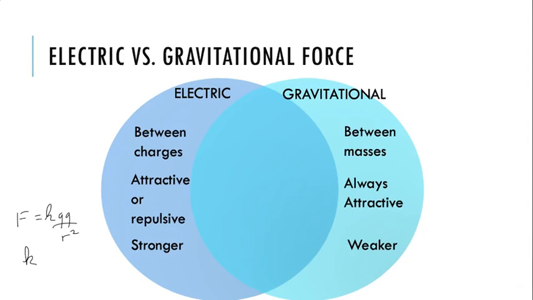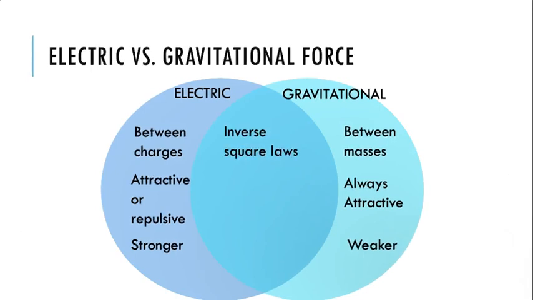Coulomb's constant was 8.99 times 10 to the 9, while the gravitational force, F, is Gmm over r squared. The G here is 6.674 times 10 to negative 11. So you can, just by looking at this constant, see how much stronger the electric force is.